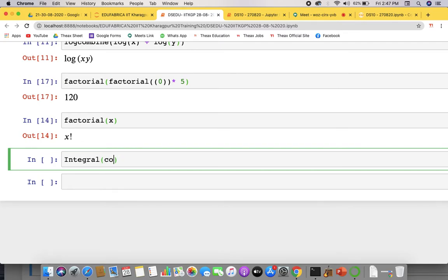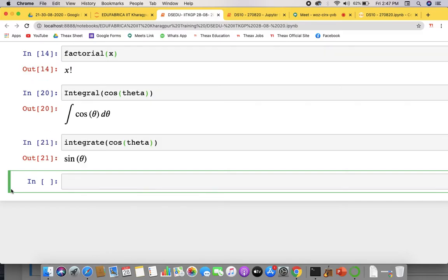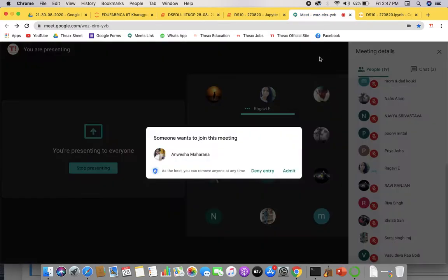So integration of cos theta. So this is sine theta, right?